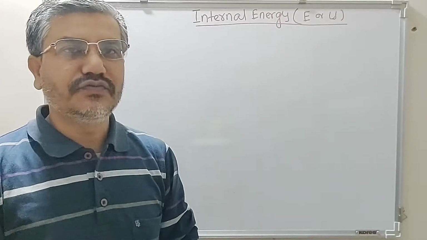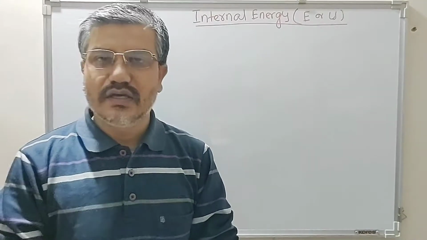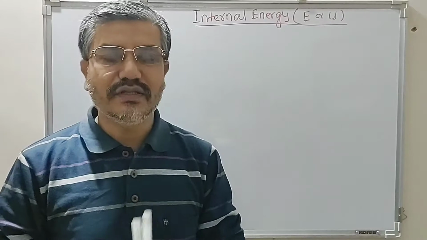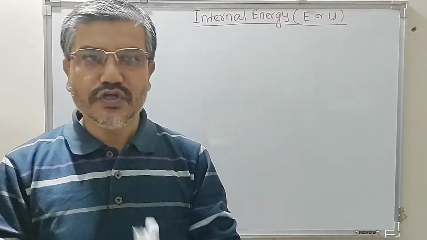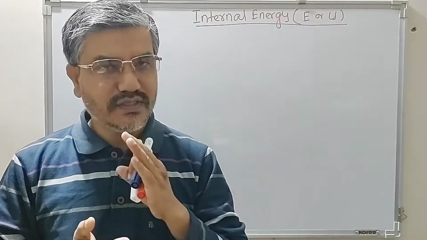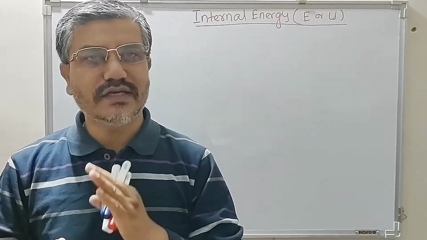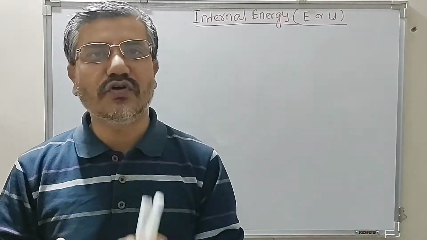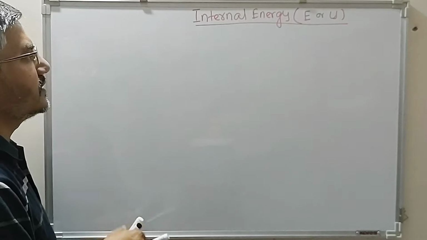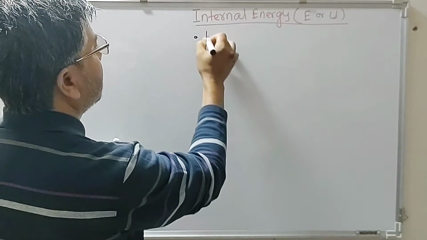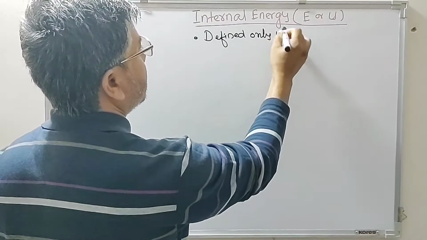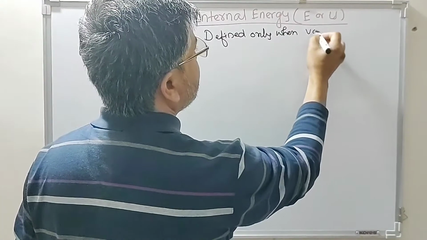Now coming to the definition part of this internal energy. First thing that we have to keep in mind is whenever we use the term internal energy, the volume of the system should remain constant. That is, the internal energy is defined only when the volume remains constant.